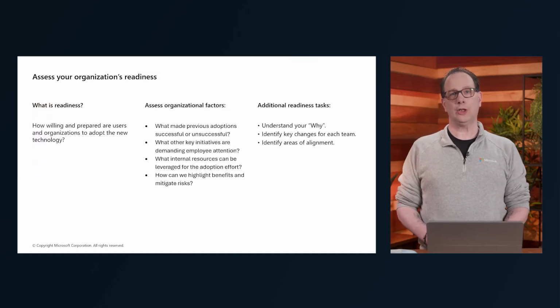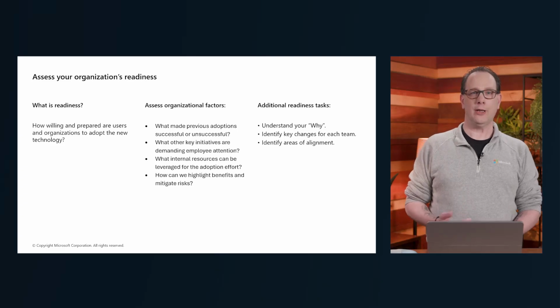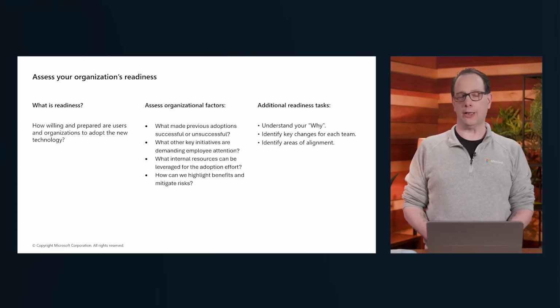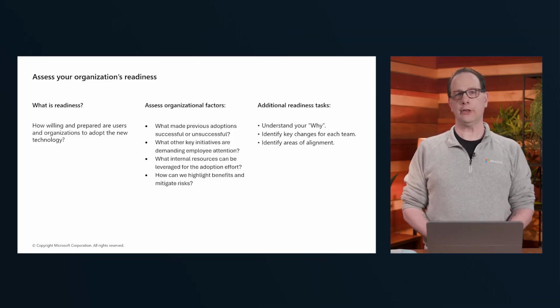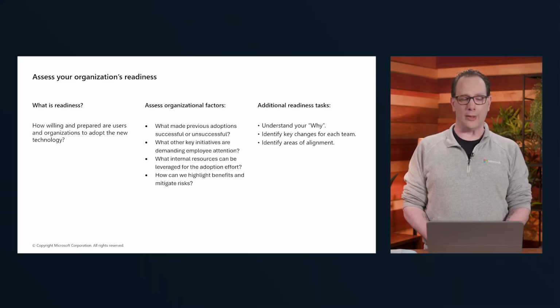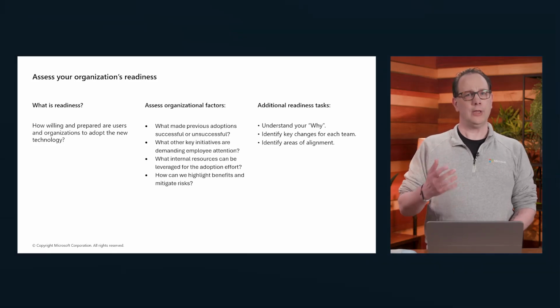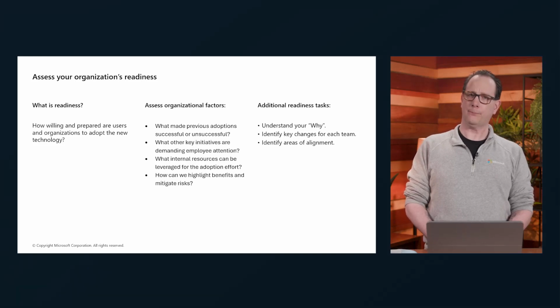Now, I know we talked about the success criteria, but honestly, how do you know if your organization is actually ready for adopting Microsoft 365 Copilot? Well, you're going to go through performing a readiness validation. By answering questions like, is our organization and user really ready to adopt the new technology?